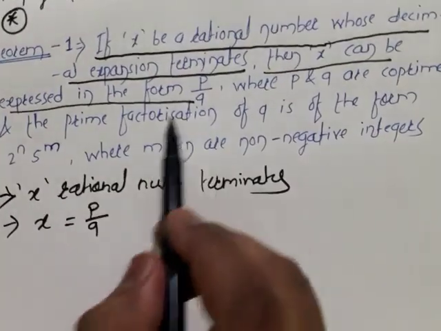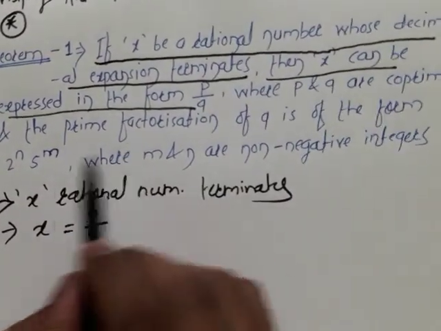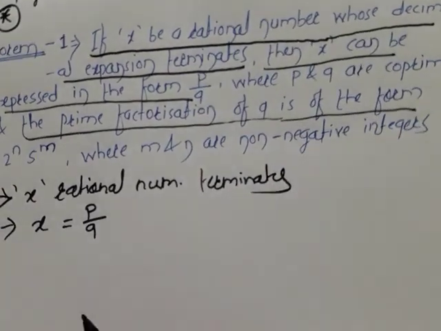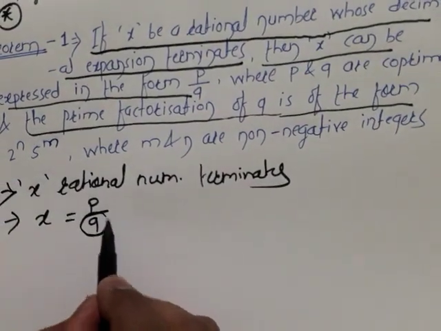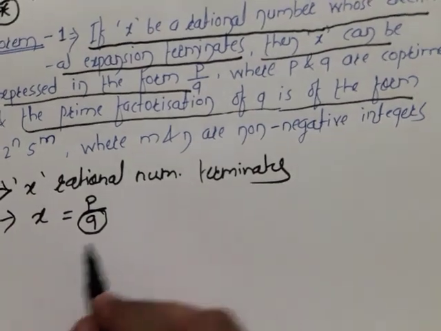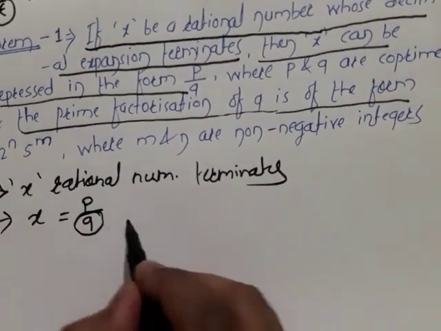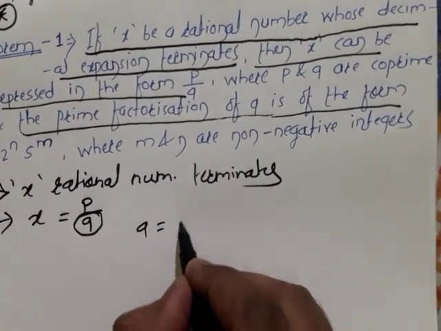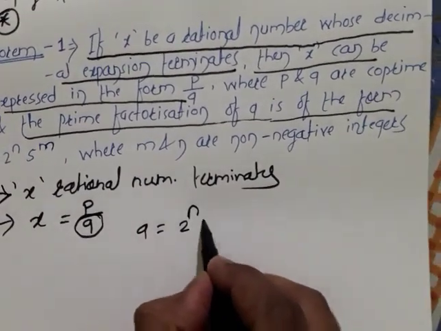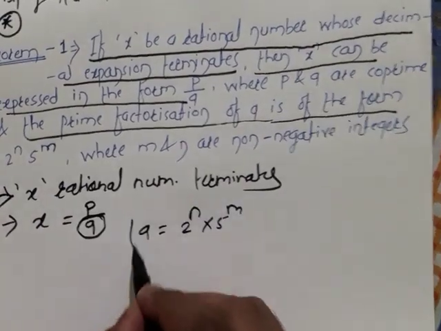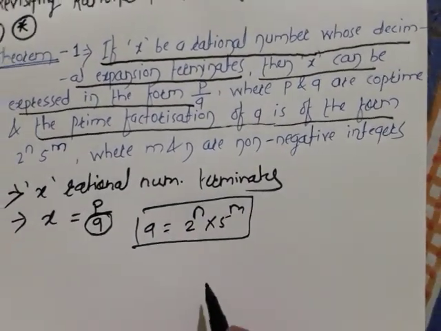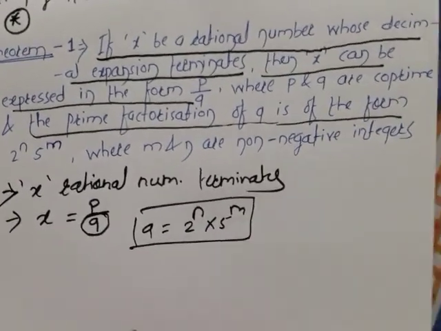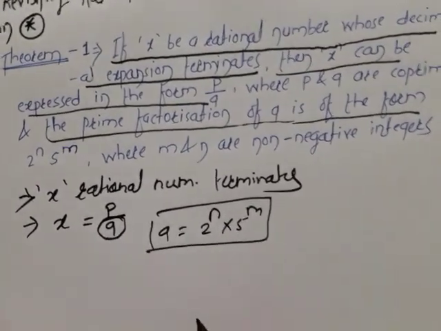The prime factorization of q, here q is the denominator, is in the form of 2 raised to n into 5 raised to m, where m and n are non-negative integers.